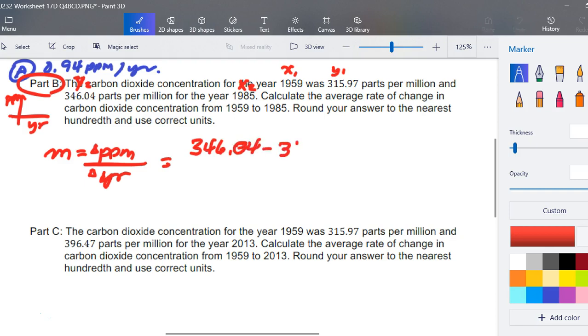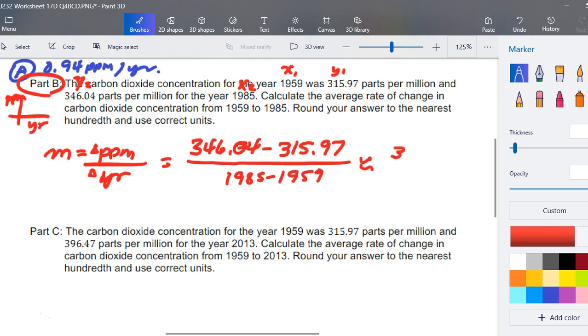So the way I have labeled, I'm going to end up doing 346.04 minus 315.97. And I'll do 1985 minus 1959. I'm going to grab my calculator. When I grab a calculator, I've got 346.04 minus 315.97 equals, I'm getting 30.07.